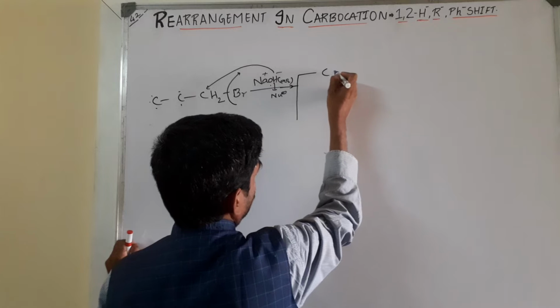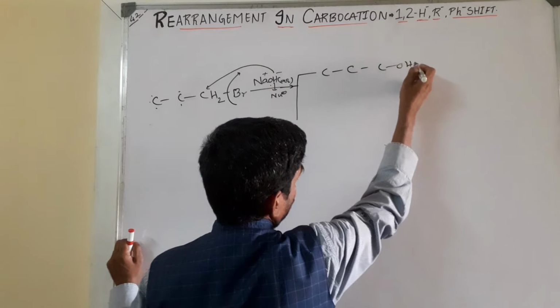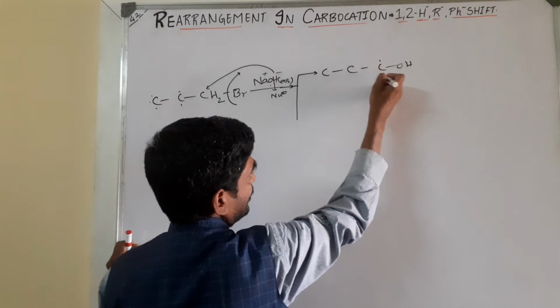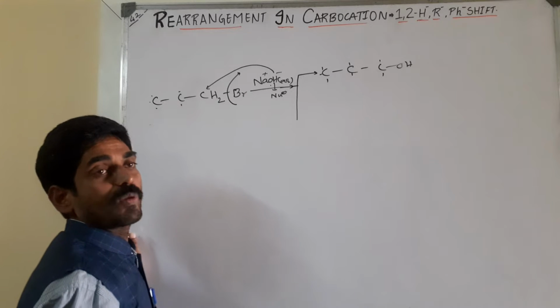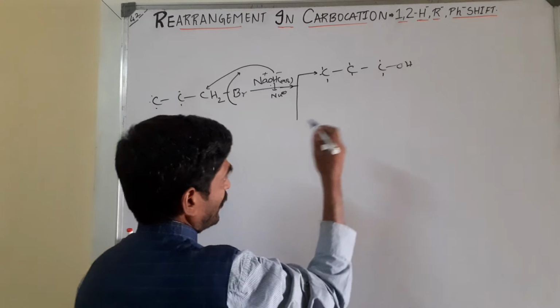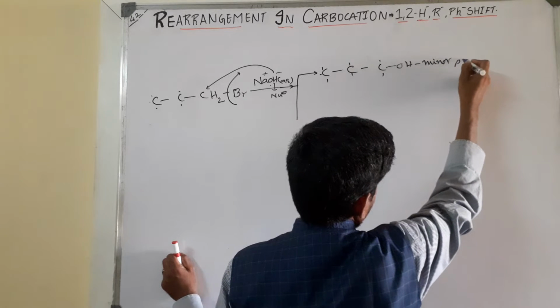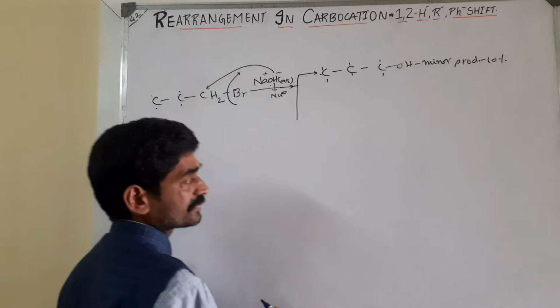Then you will get this product, CH3, CH2, CH2OH, that is propan-1-ol. But this is the minor product. This is not the major product. Only 10% is formed.